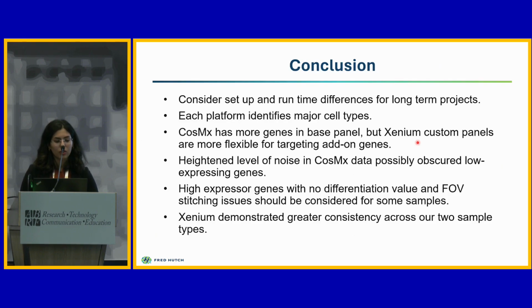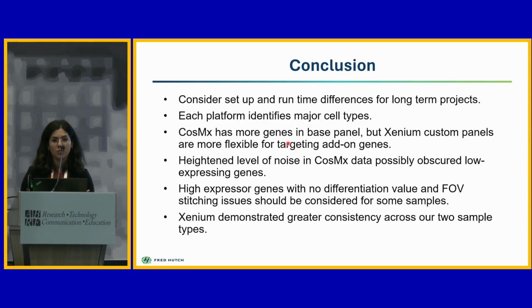So to conclude, I would like to say that you have to consider the setup and the runtime differences for these platforms when you are planning your experiment. Each platform, again, I have to mention that when it's working well, both of them were able to identify the major cell types.